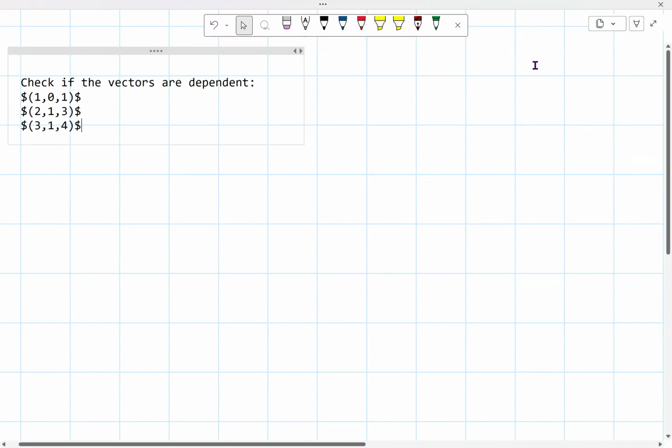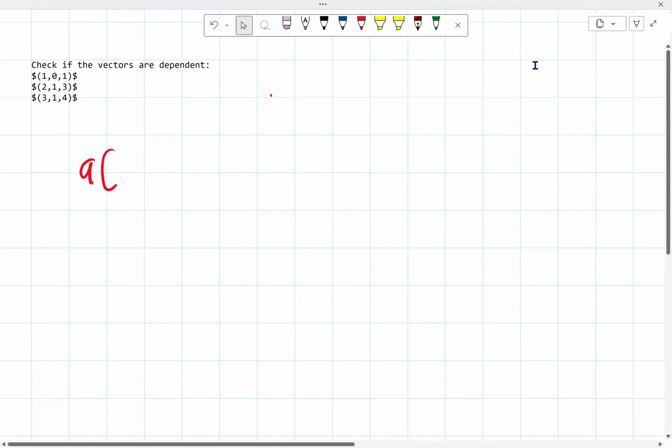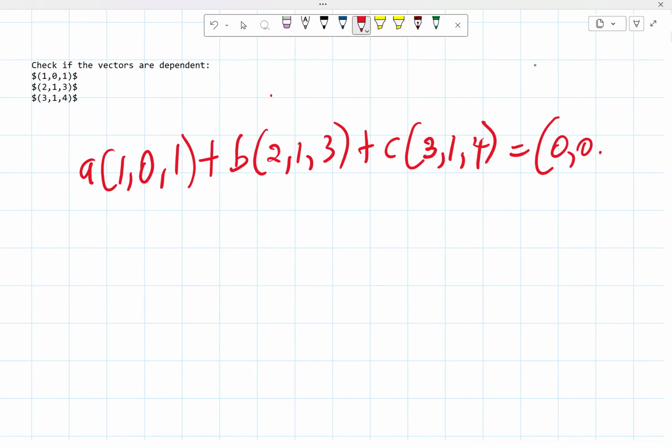So if you like, you can have C1, C2, C3 as we used there. So you could say A times (1, 0, 1) plus B times (2, 1, 3) plus C times (3, 1, 4) is equal to the zero vector, or you can just say (0, 0, 0) if you like.